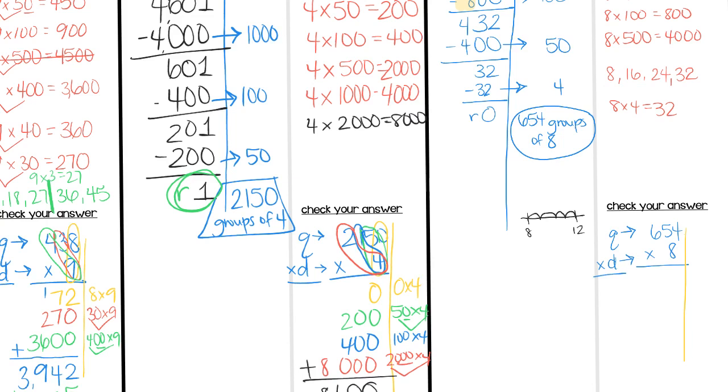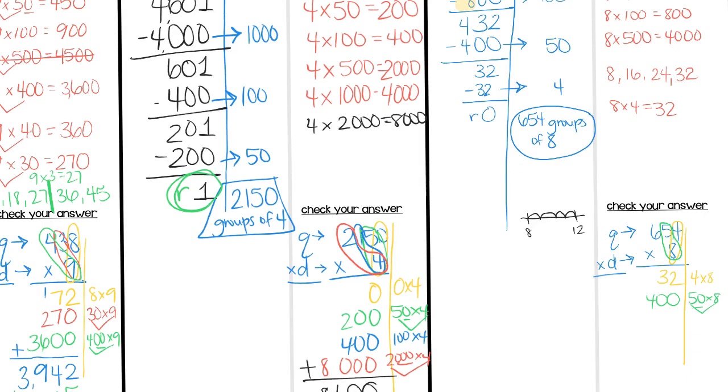So we're going to keep organized. Ones times ones: 4 times 8 is 32. 5 tens is 50 times 8. There's a 0 in the ones place. 5 times 8 is 40.